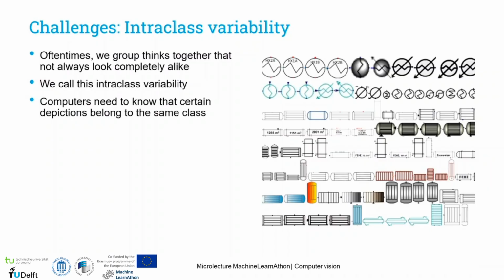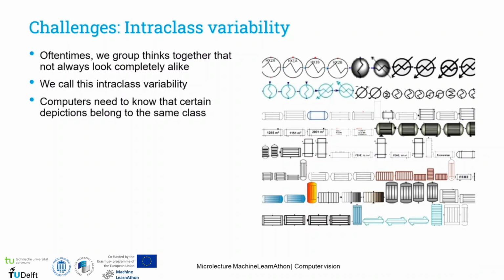There's also a difficulty in interclass variability. This is something you might know from chemical engineering. If you draw a heat exchanger, and I think last week you drew quite a few different objects, we know that this is the way to represent a heat exchanger, and this is just a different way of drawing heat exchangers, right? So there may be situations where we have the same class, but very different ways of drawing them.